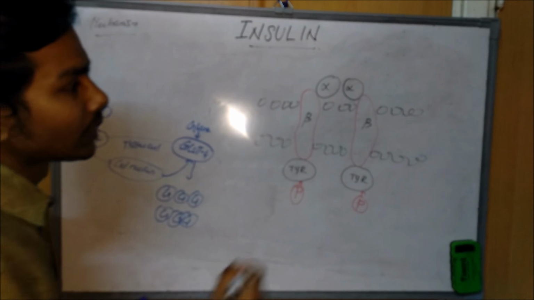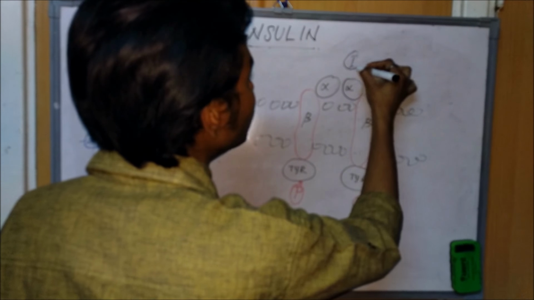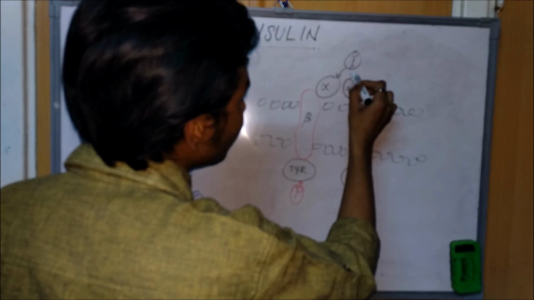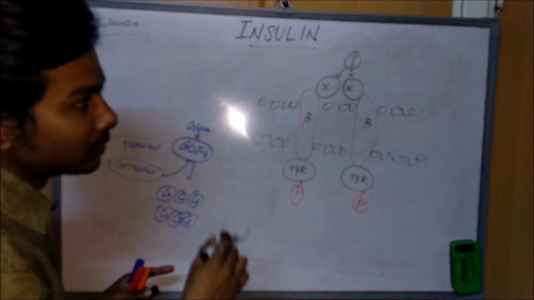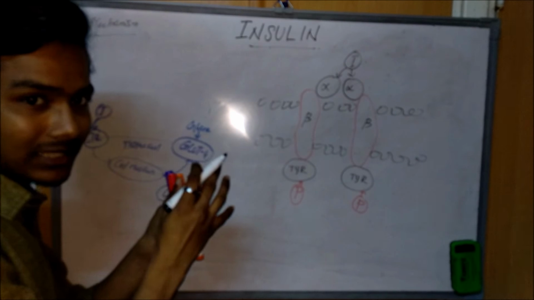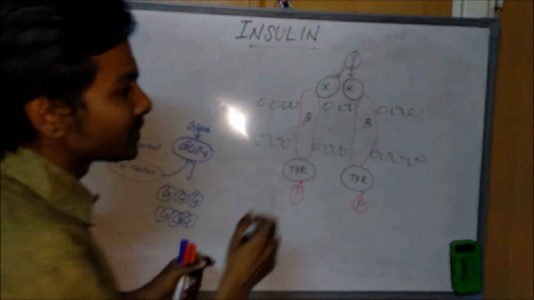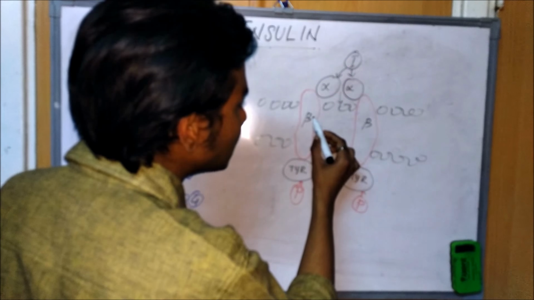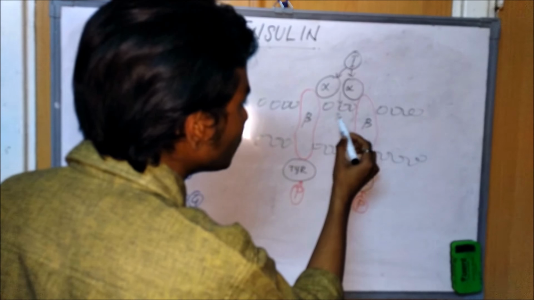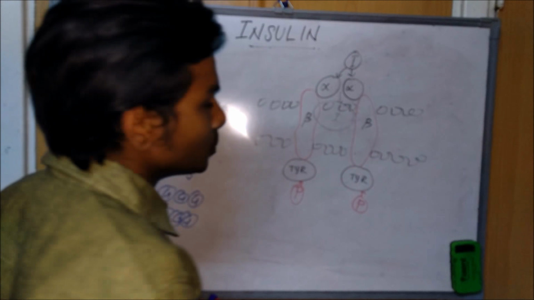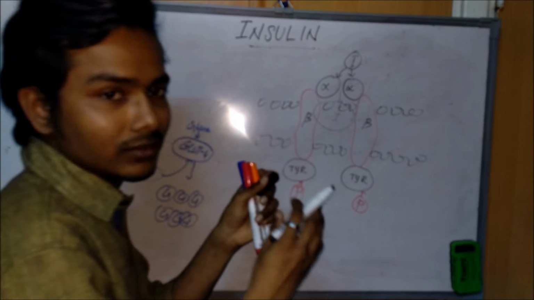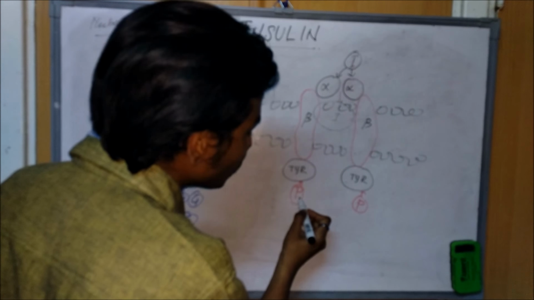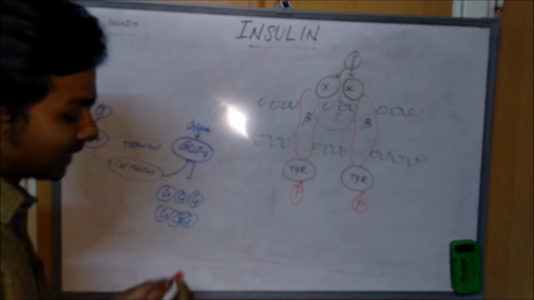So when the insulin comes to the insulin receptors, it is recognized by the alpha chain. This alpha chain will fold the insulin, will cover the insulin. After that, it will go downwards, and then the beta chain also folds the insulin. So when there is a covering and folding, this phosphate will attach to the tyrosine kinase.